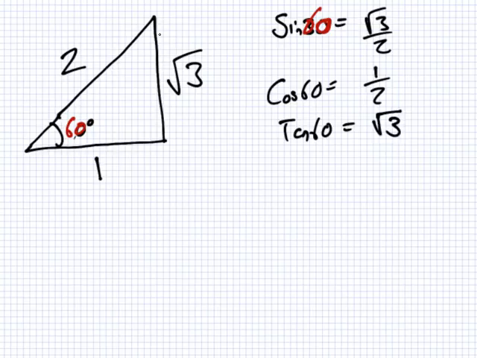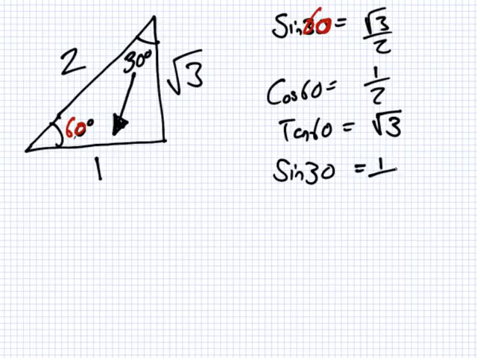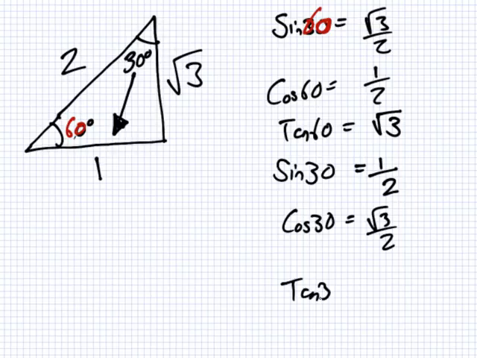Now, this angle here is 30. What's sine 30? You have to be careful because if the 30 is up here, 1 is the opposite side. So sine 30 would be 1 over 2. And cos 30? And tan 30? 1 over root 3, yeah?